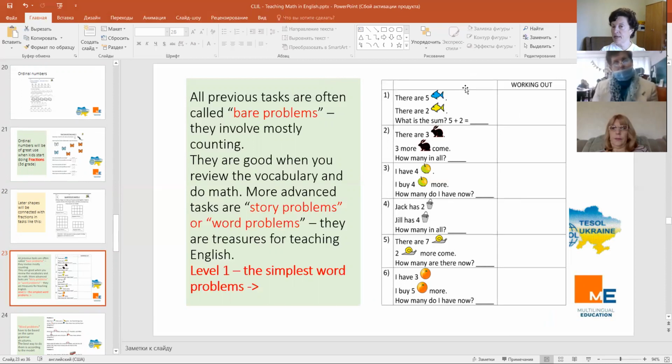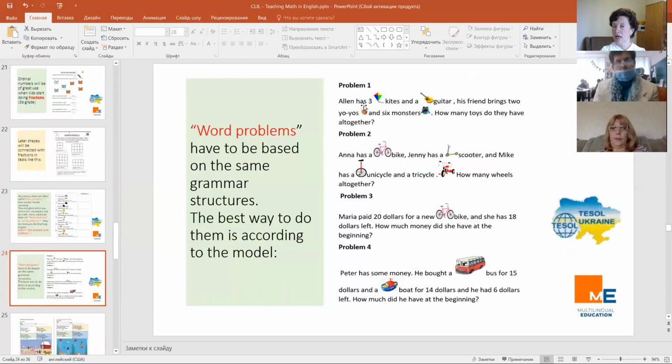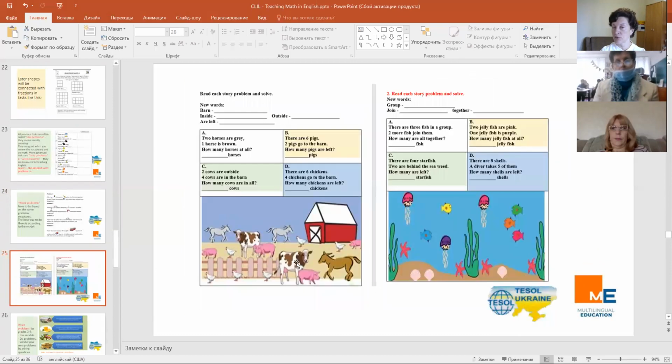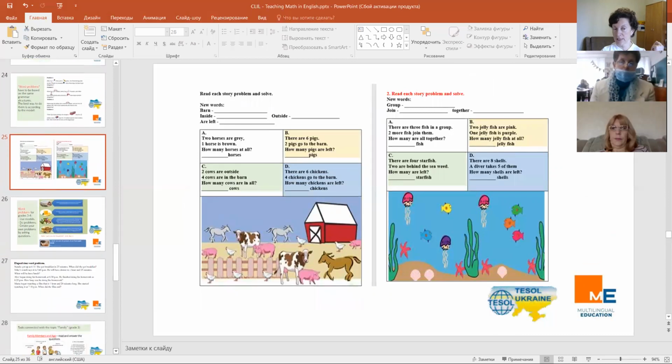At the very beginning, we don't use words, we just use pictures for the vocabulary, and then we start using words and pictures. We practice basic structures, and here at the 3rd stage, we use only words, and we take a picture to support these basic structures, to support the words.